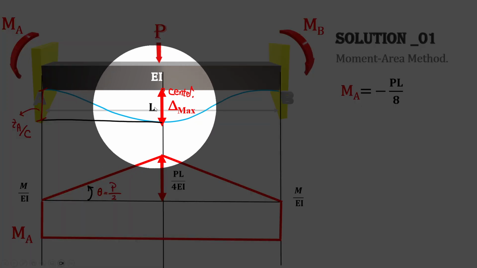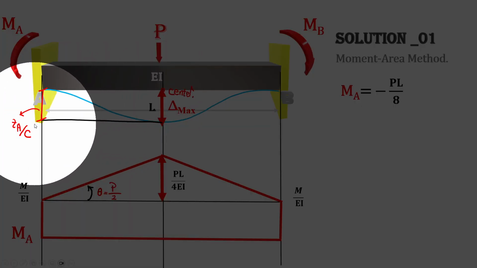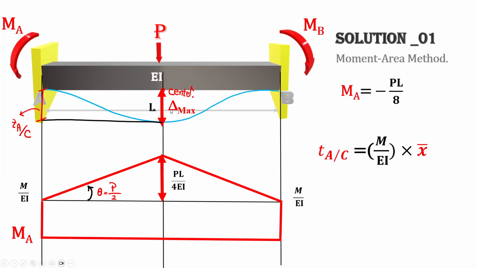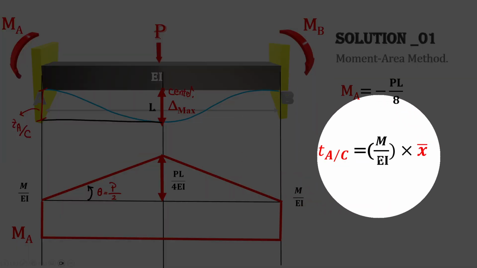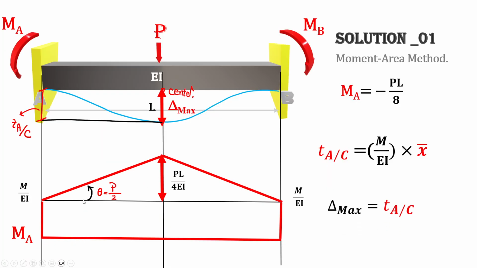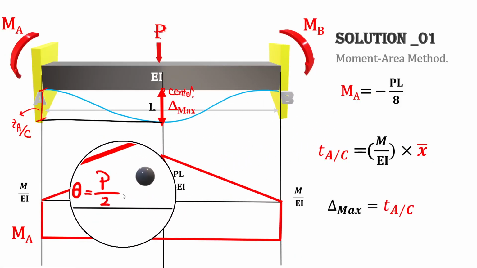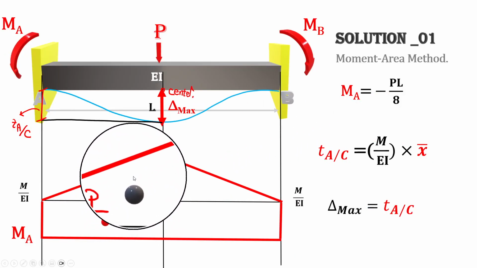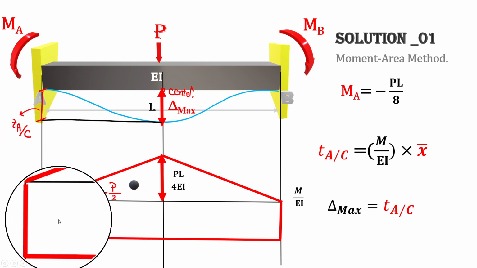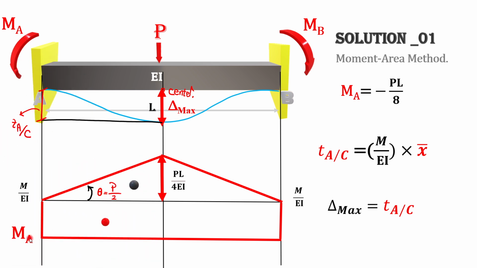Here, TA with respect to C, the tangential deviation of A with respect to C, is exactly delta maximum. We know TA with respect to C is the area under M over EI times X bar, and X bar is also dissected into two parts: the centroid of the top part from A, and the centroid of the second part from A.